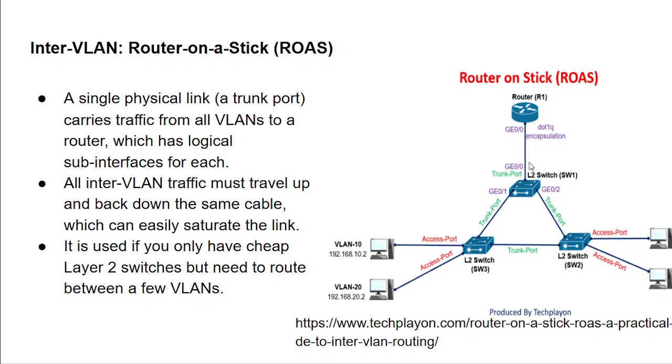And this structure can only have a limited number of VLANs. In the case when we have a cheap layer 2 switch, we have to use this structure. If we have a layer 3 switch, we can choose another way.